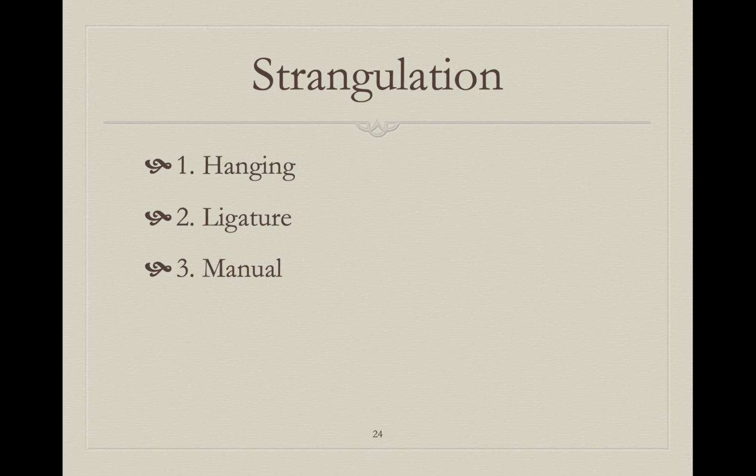So in all 3, you can have breakage of the hyoid, which is the only bone covering the vocal cords in the neck. So usually finding someone with a broken hyoid is a signature that they were strangled, whether by hanging, ligature, or manual strangulation.